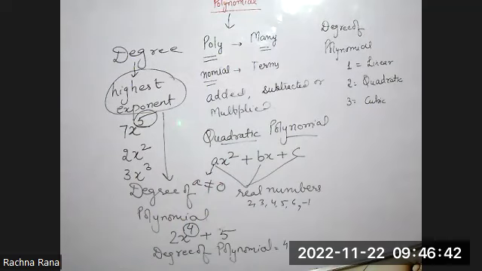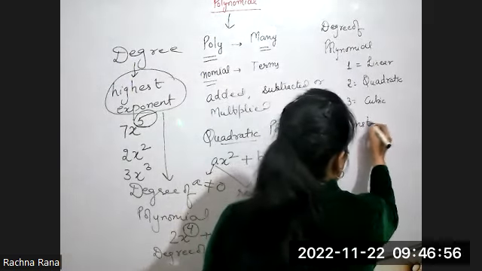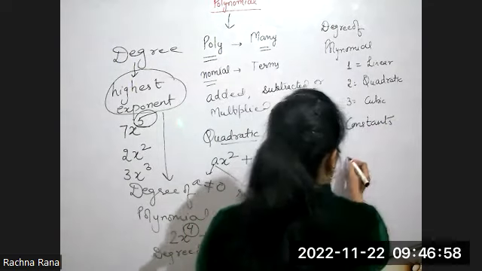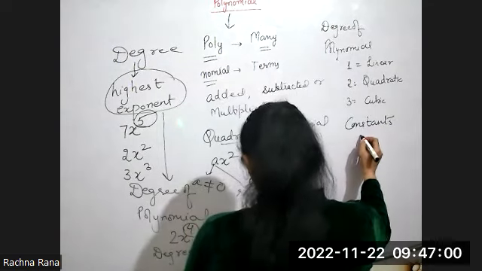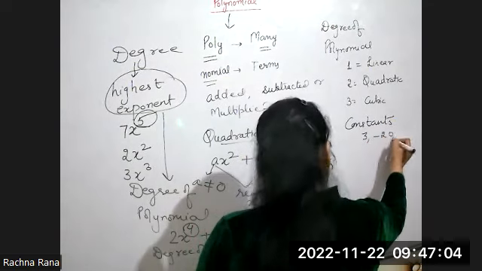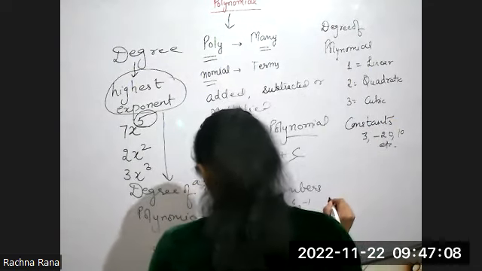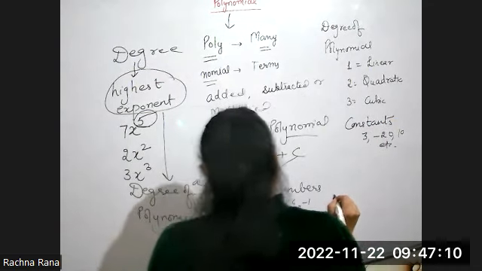Now next point is, a polynomial can have terms which have constants, like 3, minus 20, 10, etc. These are called the constants.